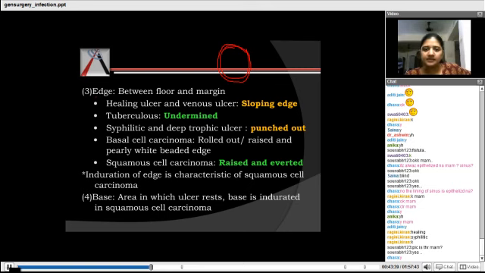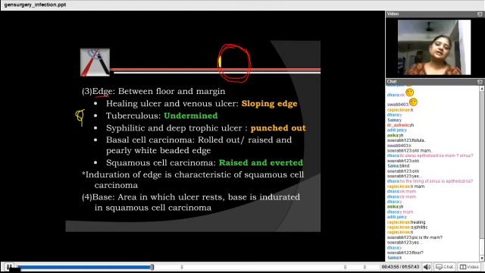What is in between the margin and the floor is going to be the edge. Yellow color is the edge. What are the different types of edges we have? Very important here for MCQ again.